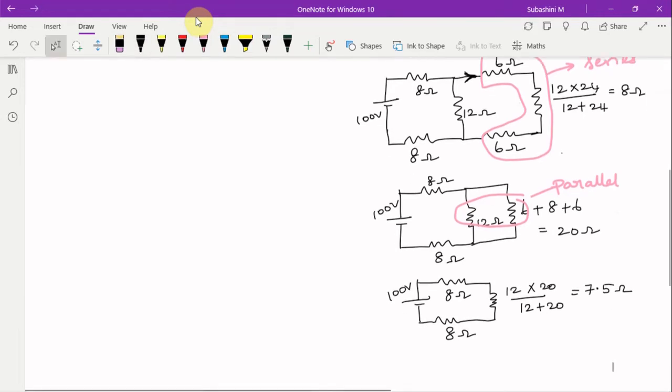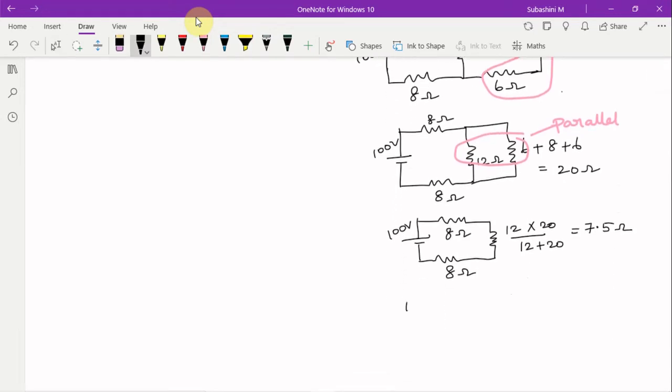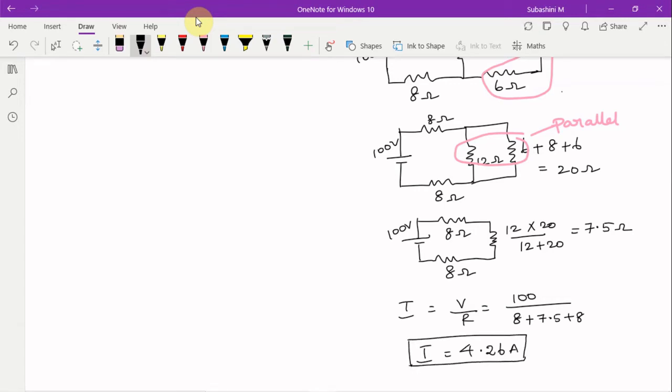Now I can calculate the total current as I equals V by R, which is 100 volts over the total circuit resistance of 8 plus 7.5 plus 8. So I will get 4.26 amps. This is the total current.